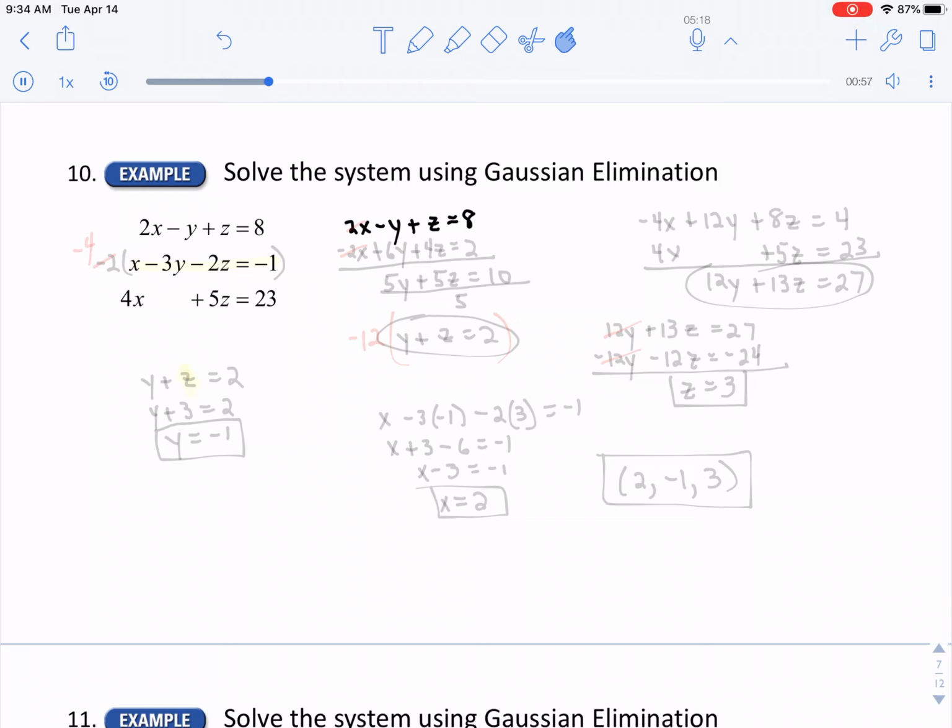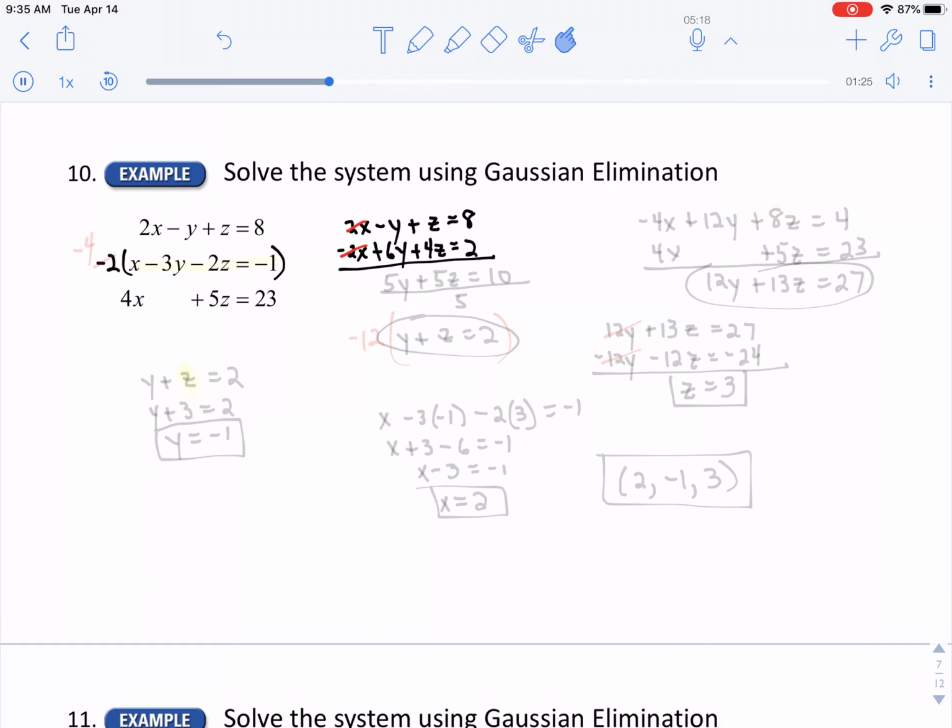I'm going to multiply the second equation by a negative 2 and distribute that to everything. That gives me a negative 2x plus 6y plus 4z equals 2. Now I add these together. Notice that the 2x and the negative 2x is 0, so that's gone.